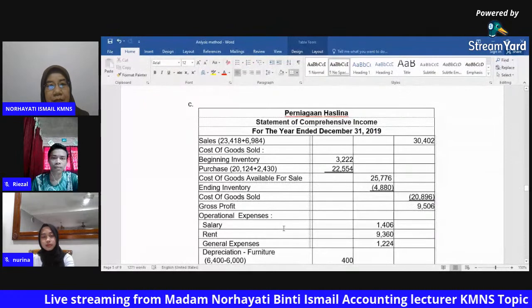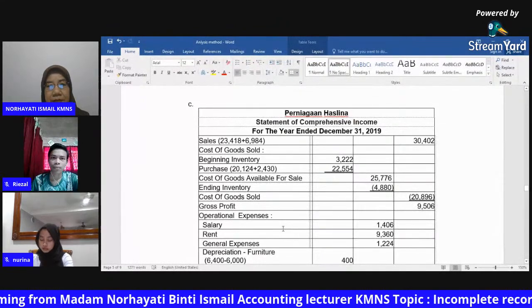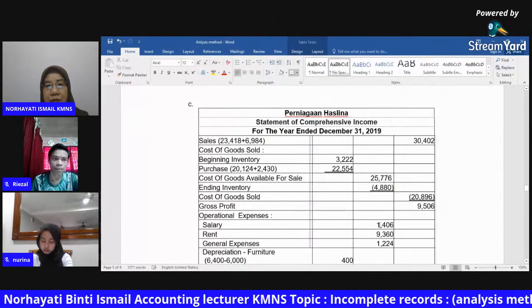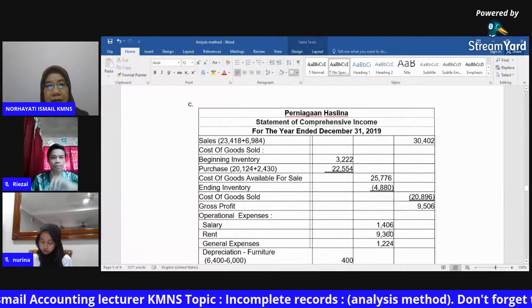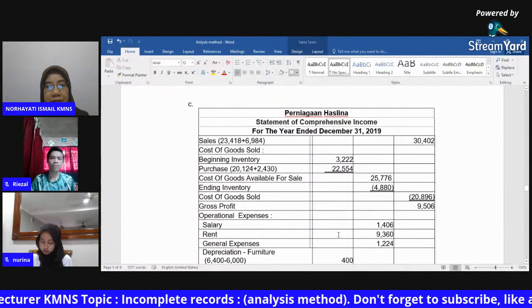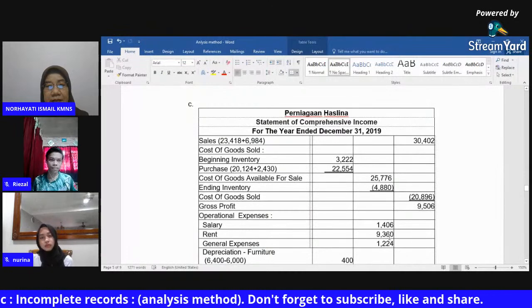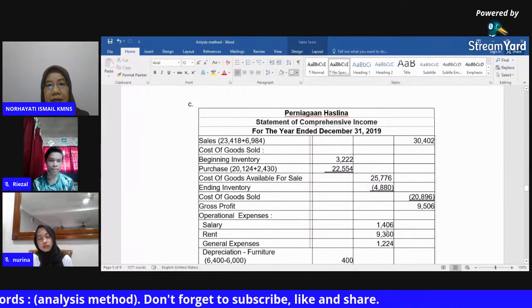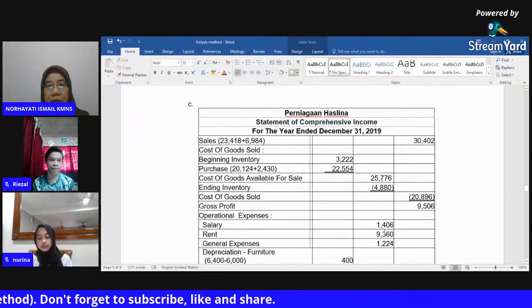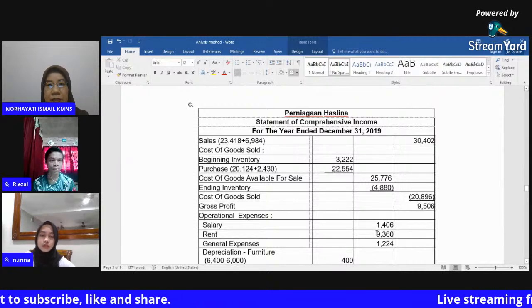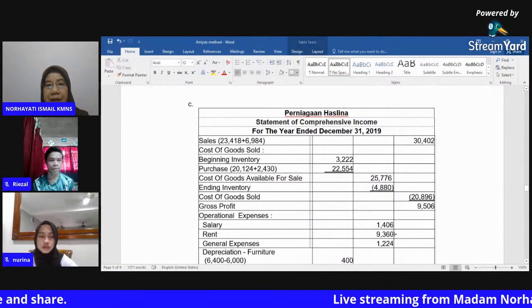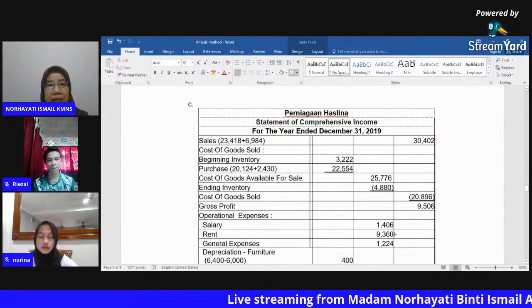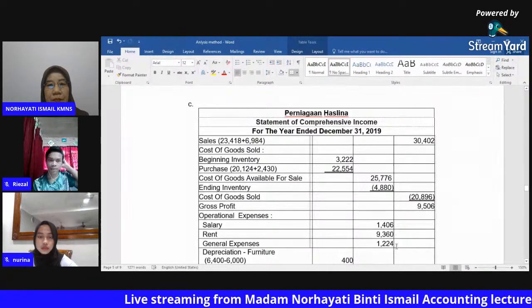We start with the salaries expense 1,406, rent expense 9,360. This information we get from cash book. For the salaries, we have made an adjustment, and general expenses from cash book.